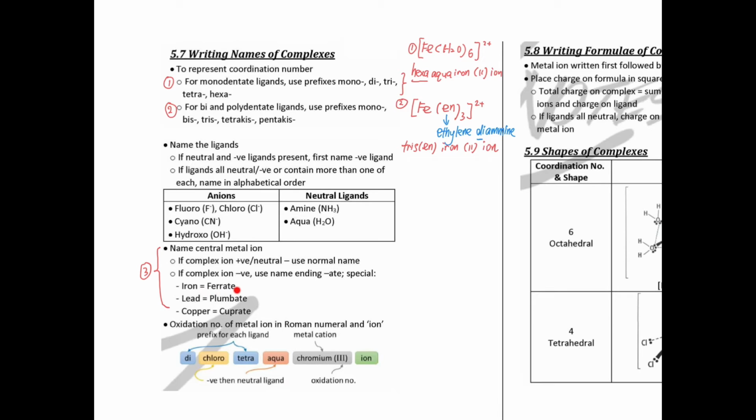Plumbum changes to plumbate. Copper, Cu, the Latin name is cuprum. Now change to cuprate. So if it's a negative ion, you have to change the name to ATE. Okay, example number 3.